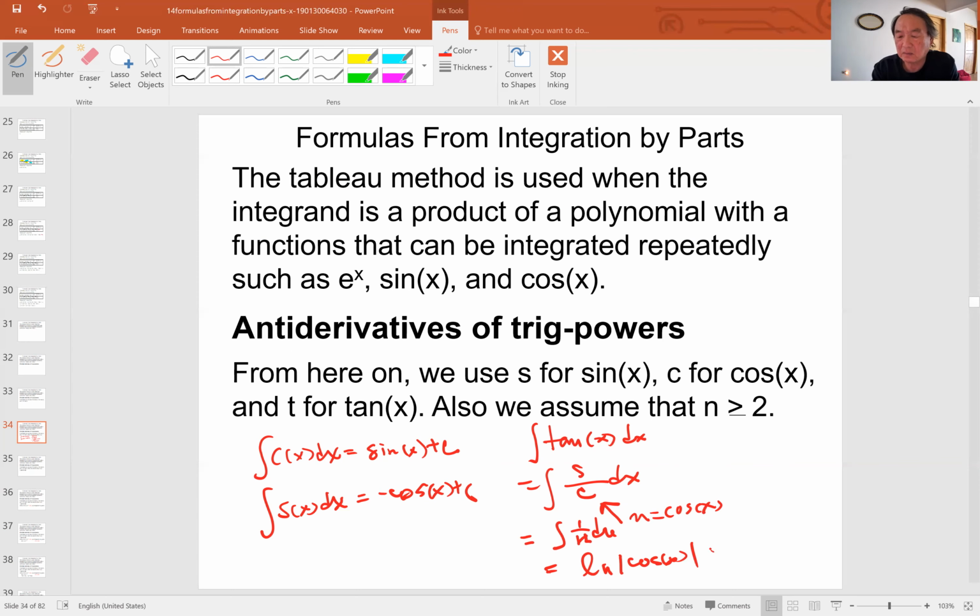And similarly for the integral of cotangent of x. Very similar.